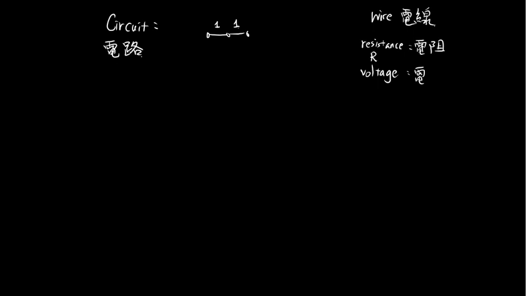V is kind of the pressure. And we also have the current, I. Current just means how much electricity flows through a wire. I'm not sure how you learned that, but basically there is a formula saying V divided by I is equal to R. Right? So that's the thing that we are talking about today.